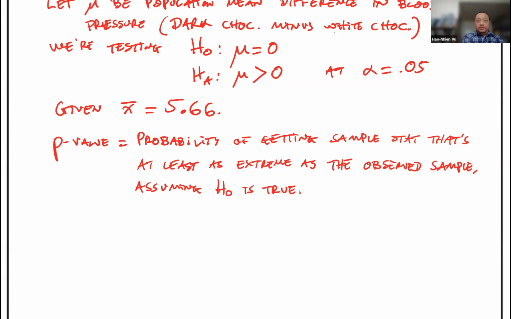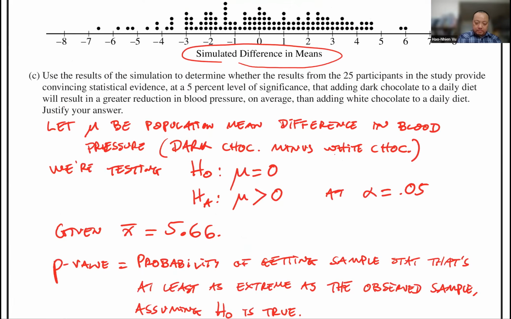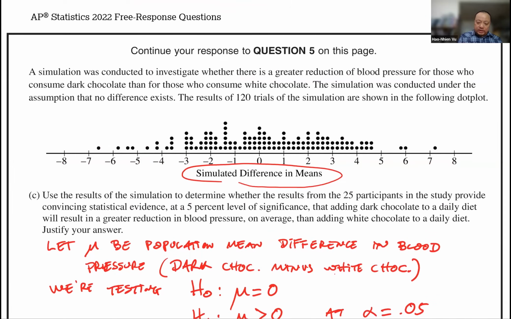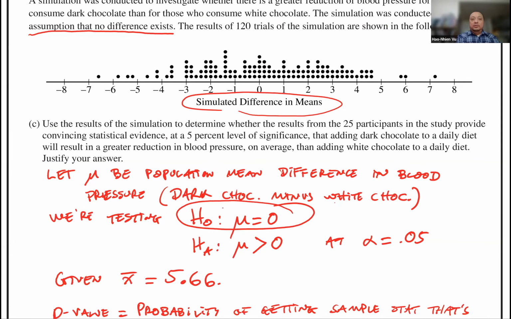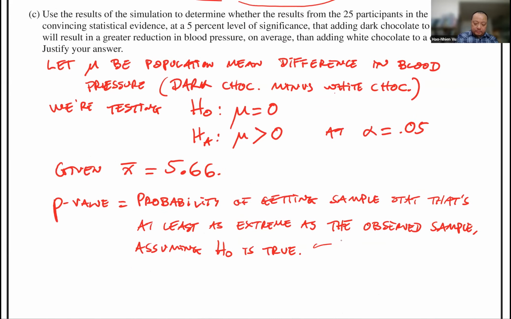Well, in this case, we have a simulation that was conducted under the assumption that no difference exists, which is what H0 says. H0 says the difference in means is 0. It's the difference in mean, right? The mean of the difference is 0. So yes, we have that part.